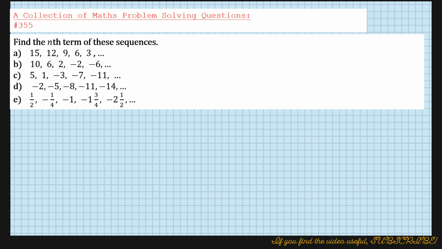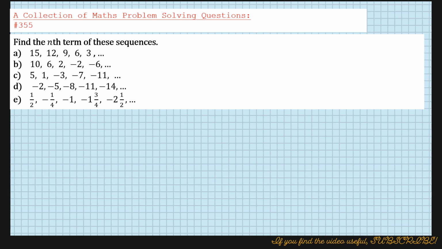Find the nth term of these sequences. So what we do is, you see these are all what you call arithmetic sequences.